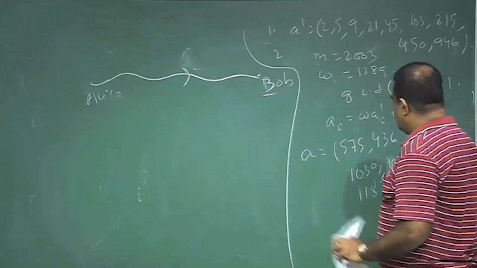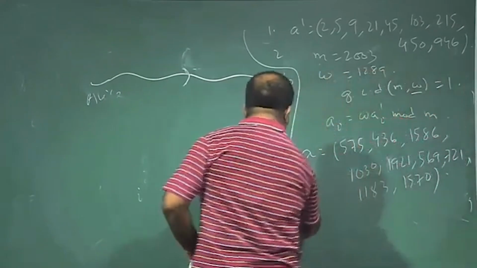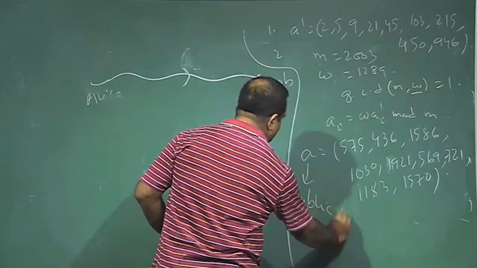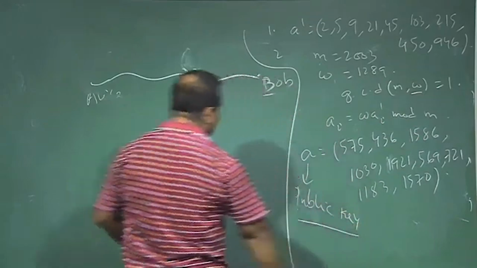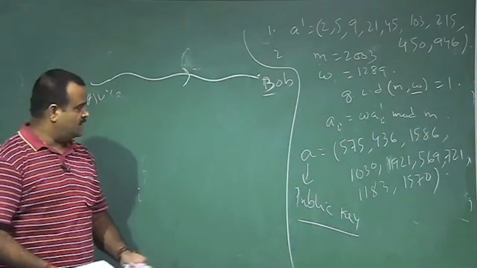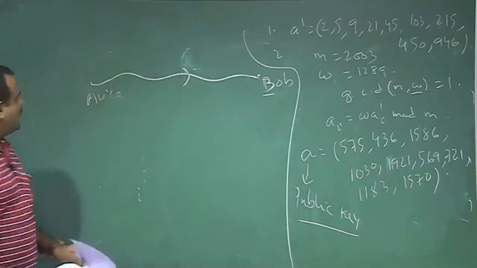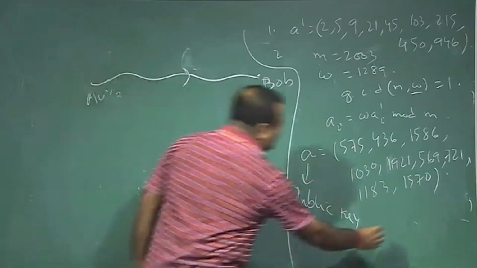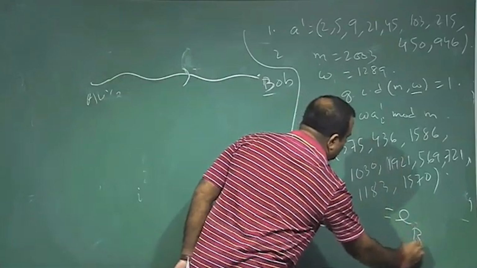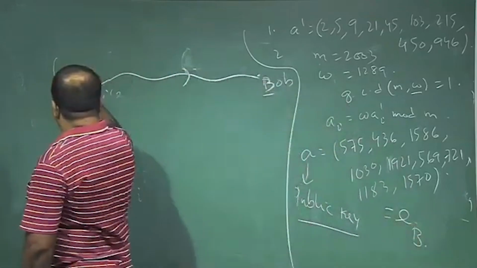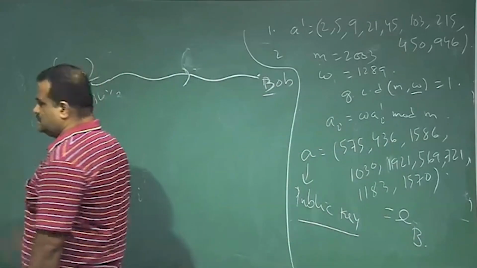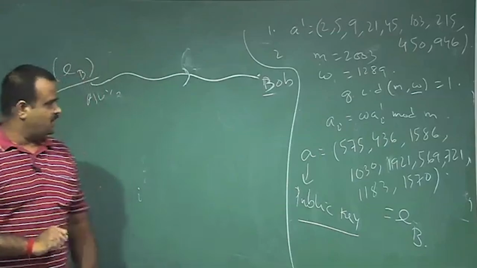So this is the public key of Bob, and Bob makes this public. This is no more super increasing. We destroy the super increasing property, and this is basically the public key of Bob, and it is sent to Alice, or Alice has to get it from the public key directory.